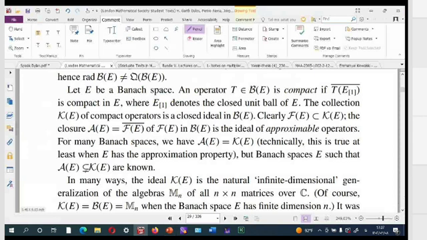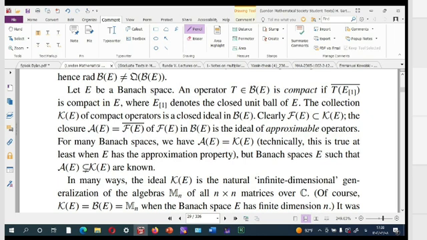The collection of all compact operators is denoted by K of E, and this is a closed ideal in B of E again, and this is easy to check, and clearly F of E is a subspace of K of E. Okay, please write the proof of these two observations.